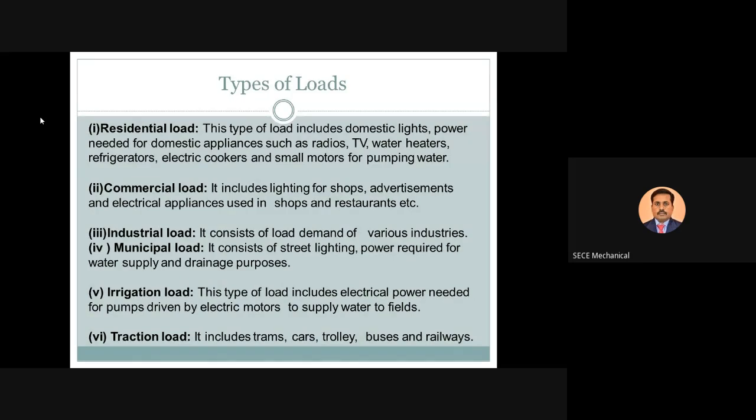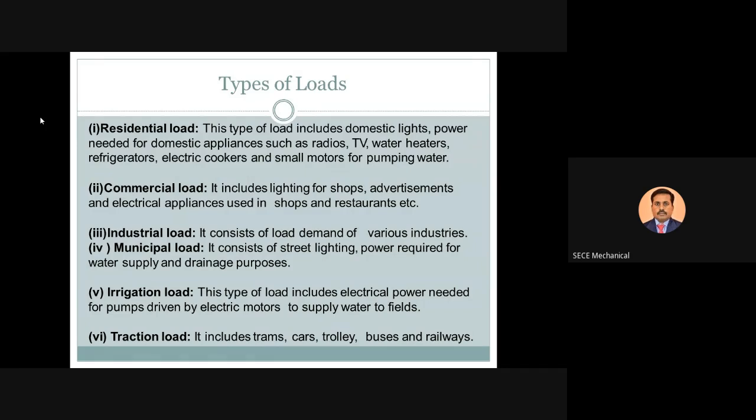Similarly, in the way of production, if you want to produce some component for domestic or industrial use, either for individual persons or societal use, whatever it may be, a product that is manufactured or produced also comes under industrial load. Similarly, process industries like paper industries and textile processing, all those loads come under industrial.